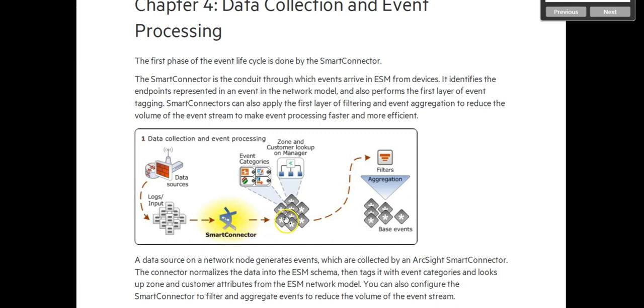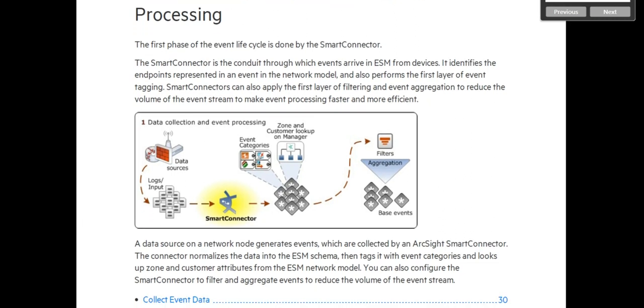The smart connector will do a lot of functions before it delivers the events to the ArcSight manager, or the ArcSight ESM, or the ArcSight Logger, or any other ArcSight component that will process these normalized events. The event is called normalized after it passes through these different functions. It becomes a normalized event, or sometimes we call it a base event.